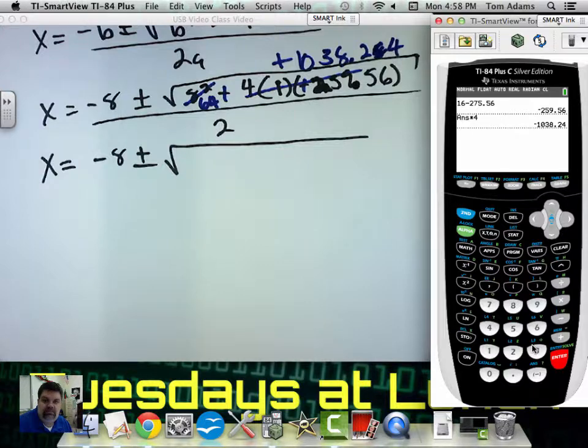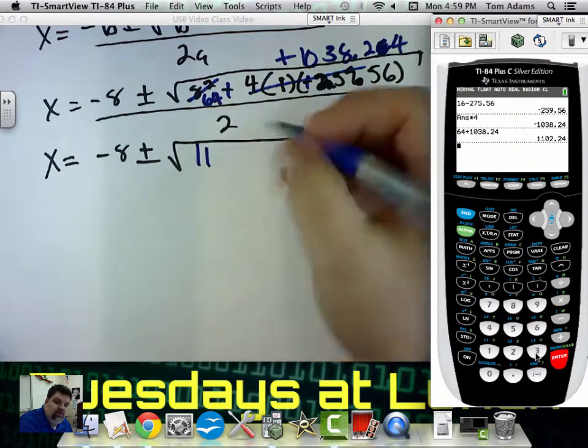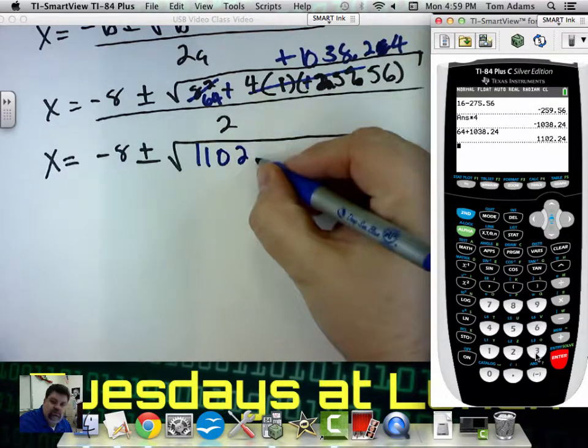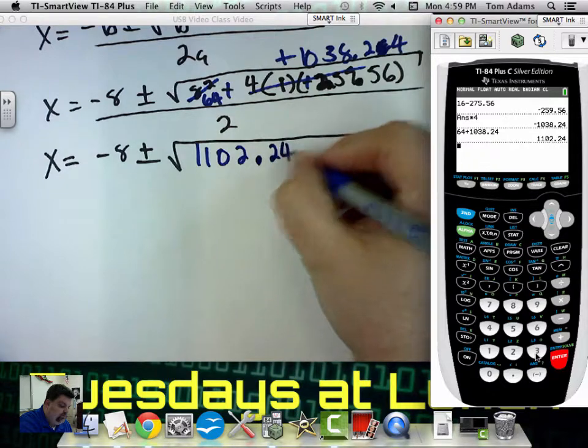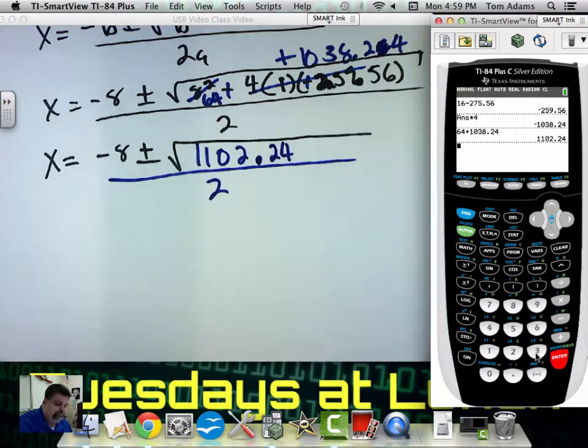So I'm going to add those up. This number now becomes 1102.24 all over 2.